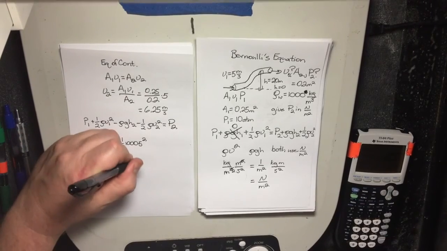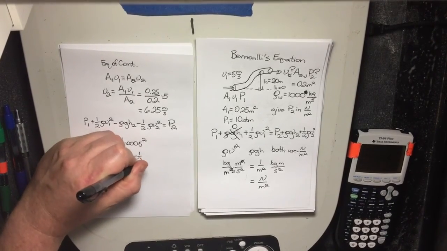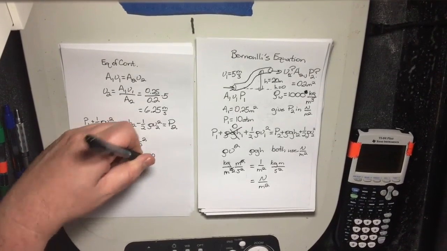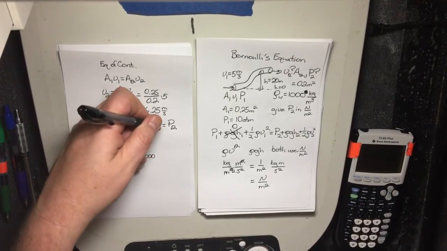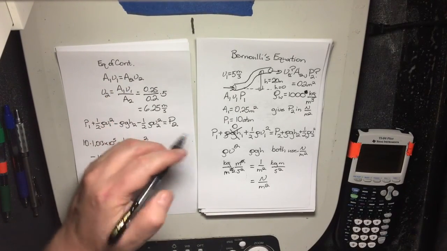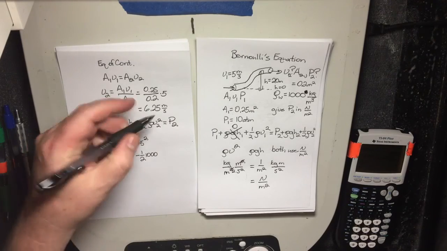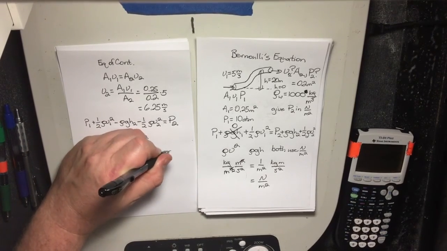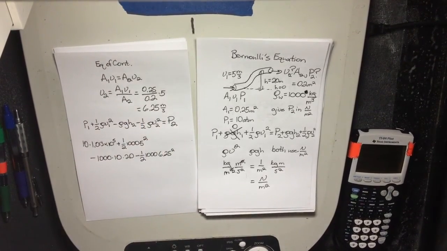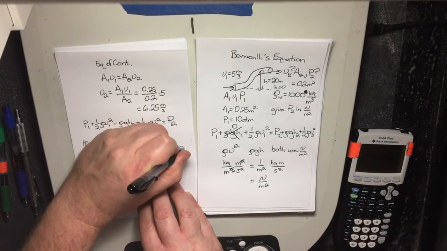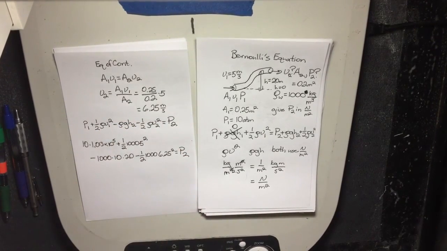Hopefully the math will work out right. Minus 1/2 times 1,000 times V2 squared. V2 came out as 6.25. And so this is the pressure in newtons per meter squared.